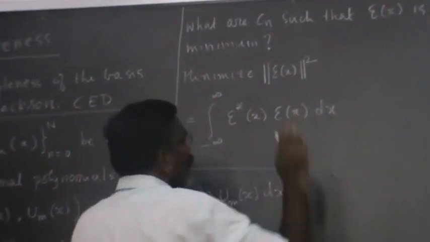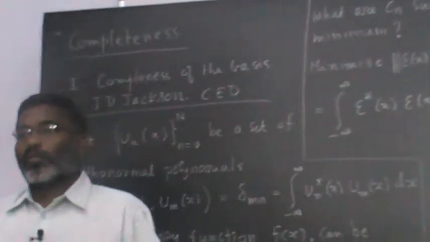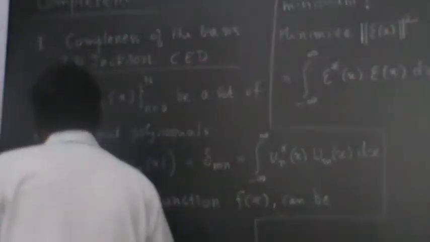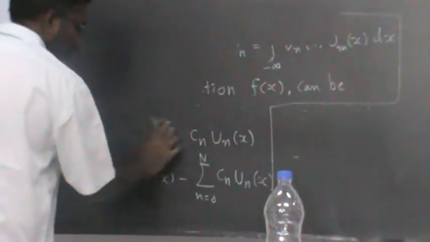So minimize this quantity. So how do I do this minimization? You know what is E of x, that is written here.